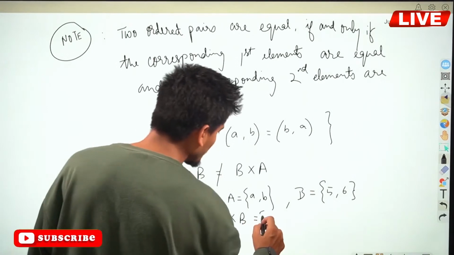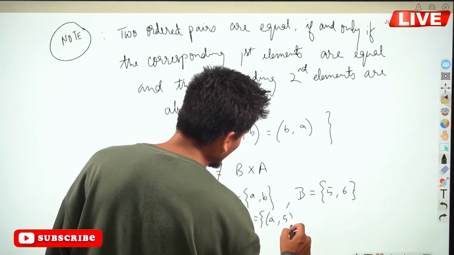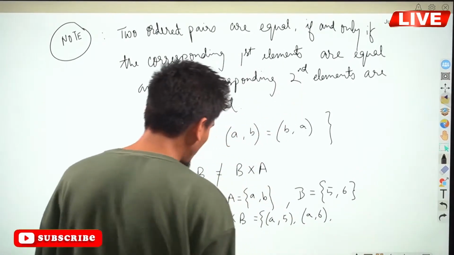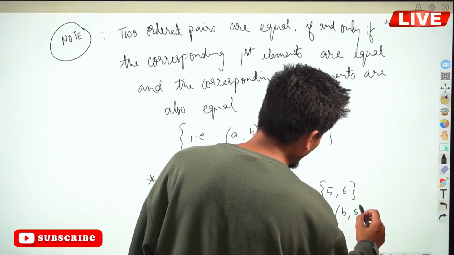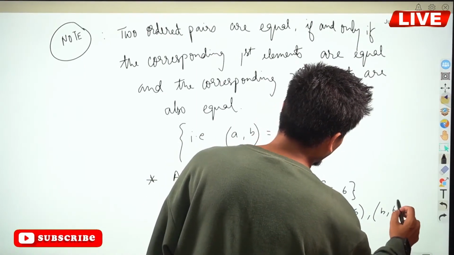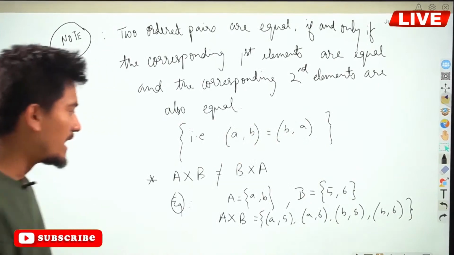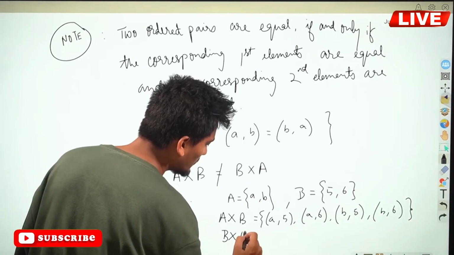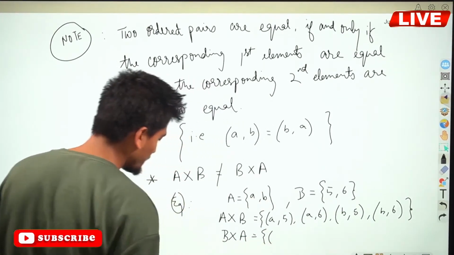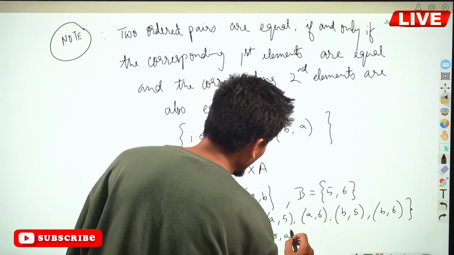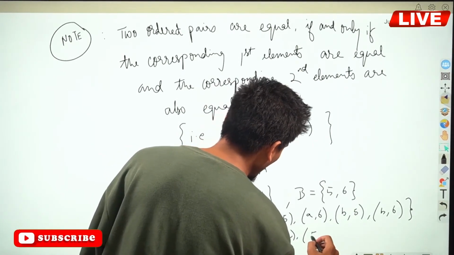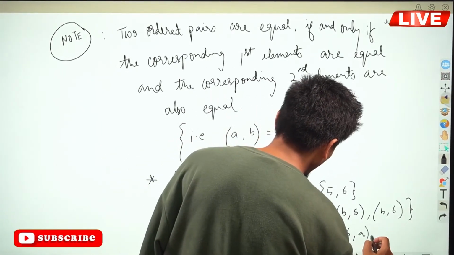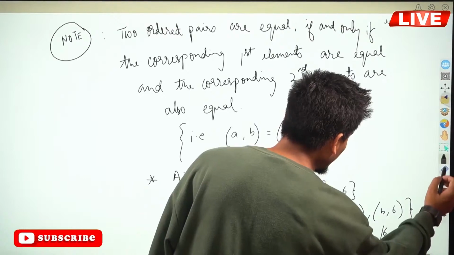It will be A comma 5, then A comma 6, then B comma 5 and B comma 6. Again, what is the Cartesian product of B cross A? So B into A will be 5 comma A, then 5 comma B, then 6 comma A and 6 comma B.